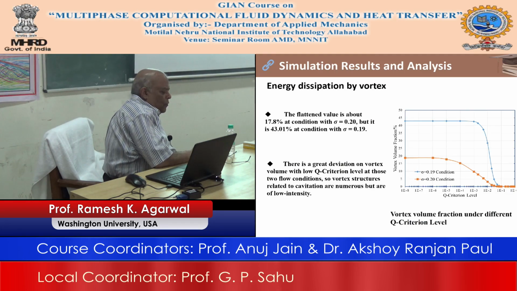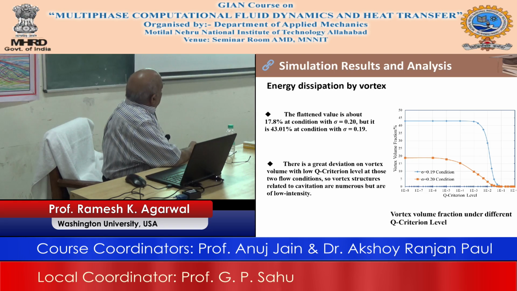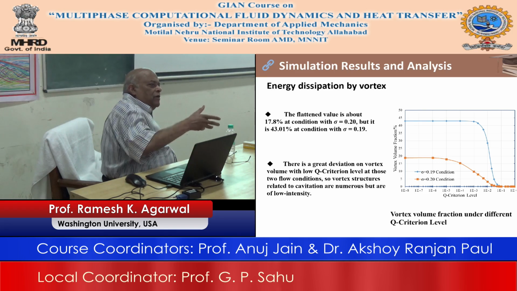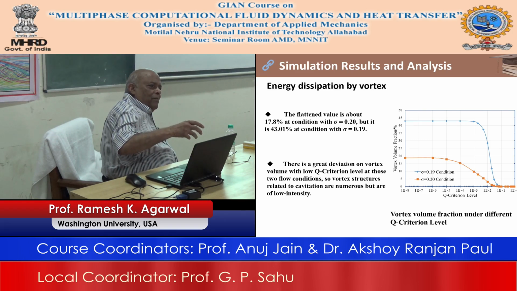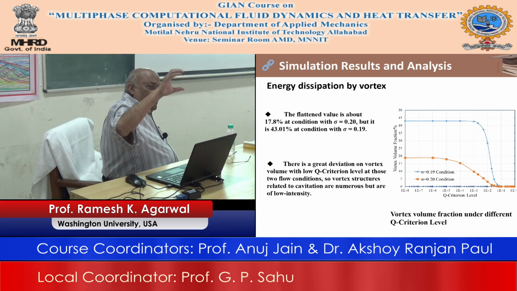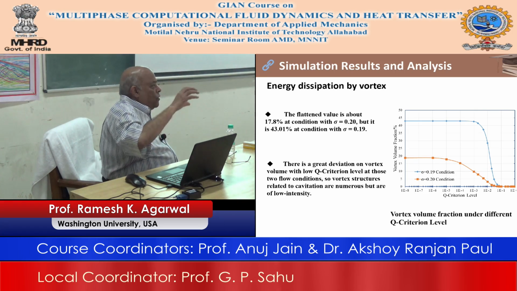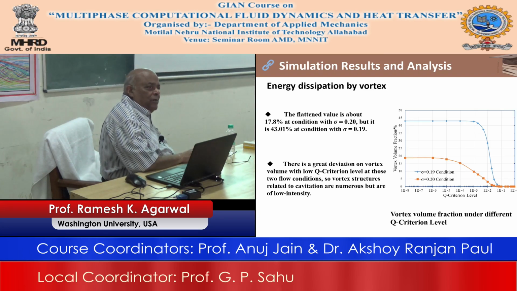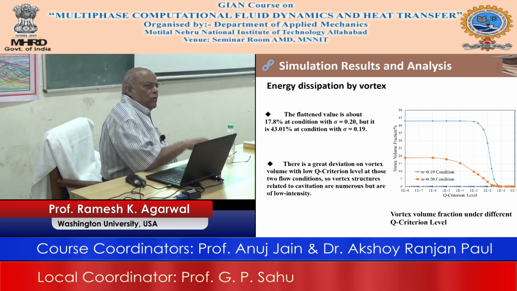If you look at this, it is full of vortices after vortices, because it's a rotating machinery with the impeller, and then we have all kinds of channel flow. So you have two sets of rotating machines. It's a very complicated flow, full of vortices after vortices.